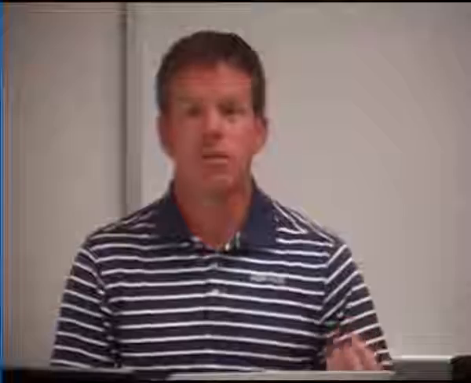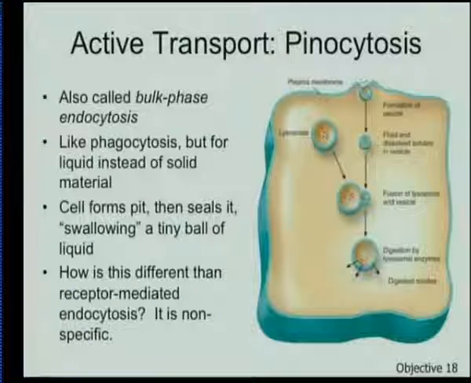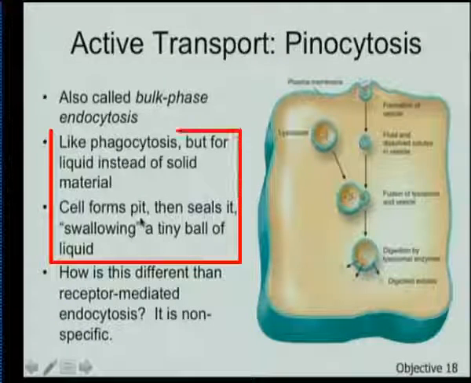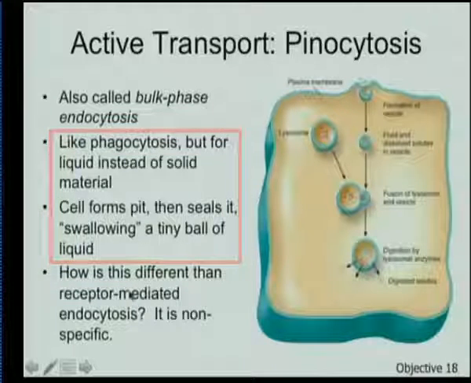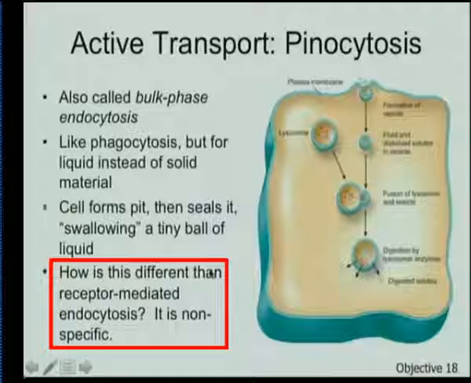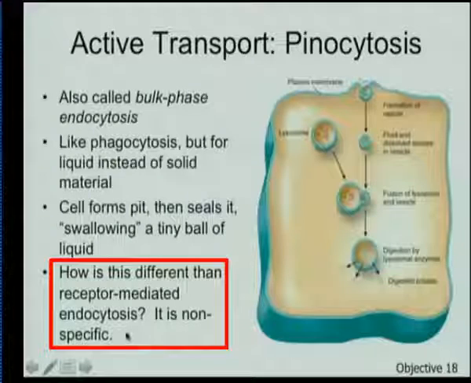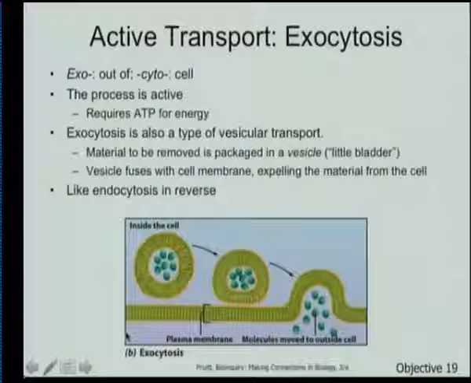So the difference is phagocytosis, we're eating something foreign and solid, versus pinocytosis, usually liquid rather than the solid material. So basically it forms a pit and then seals it off as a vesicle. And so again, the difference here is it wasn't something that was flagged, or it wasn't something that bound to a receptor. Okay, it's non-specific in terms of what was pulled in.